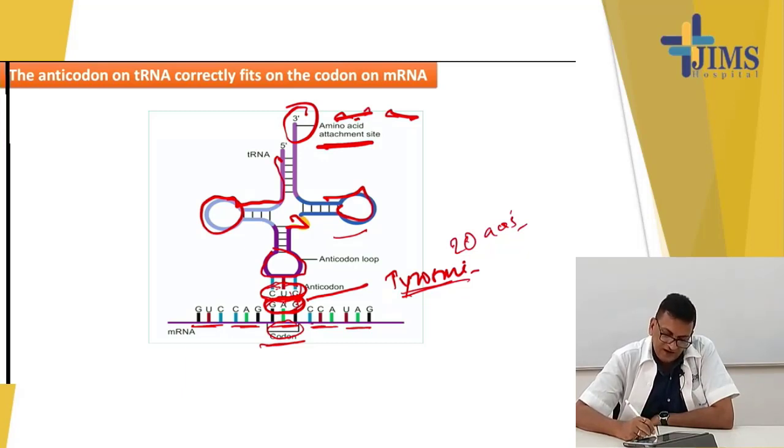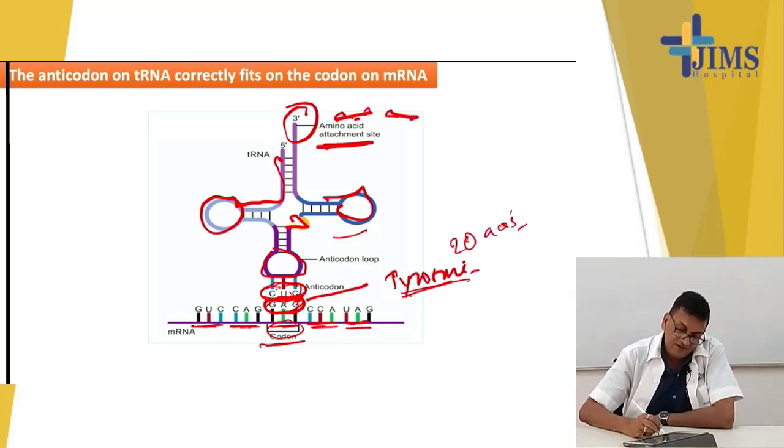So, these are the reading frames. Three nucleotides make a reading frame, and these are considered a codon. One thing to see here: when we read these frames, there is no overlap. This is one frame, this is one frame, this one, this one. You cannot leave one and start reading from here.